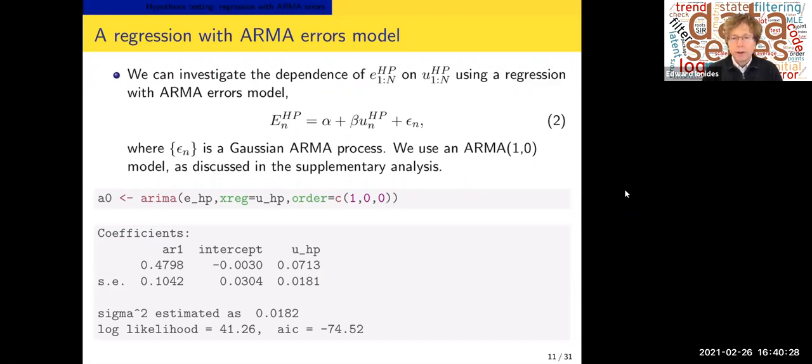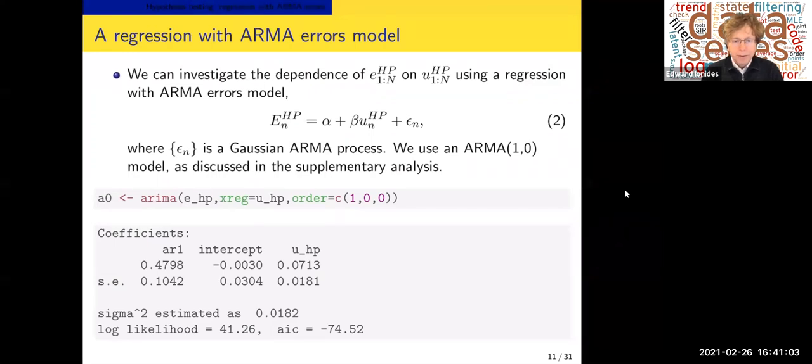I'm going to go through using an ARMA(1,0), an AR(1) model. In the supplementary analysis, we consider other possibilities. So we can fit the AR(1) model, and here we go. It's called a0. It's just fitting regression with ARMA errors, exactly the code to fit model 2, equation 2 above.